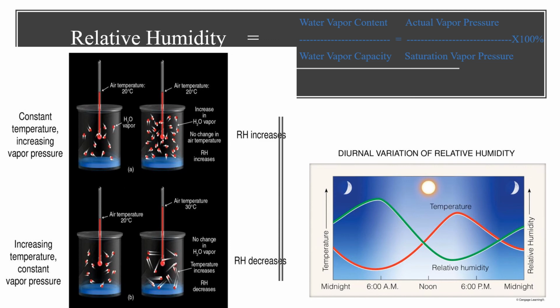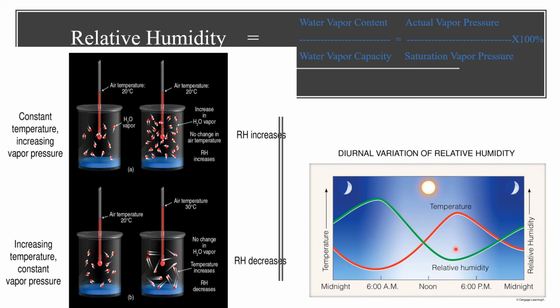At this point our relative humidity is maximum because the temperature is minimum. As temperature increases during the day, 6, 7, 8, 9, 10, 11, 12, you can see the temperature is increasing and the relative humidity is decreasing.